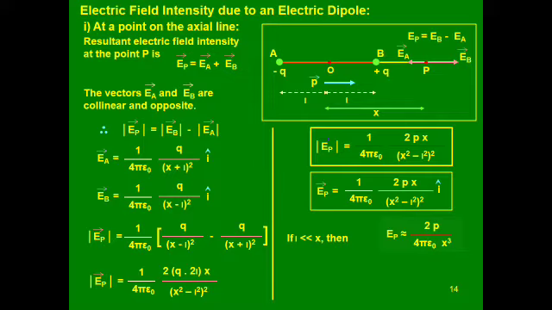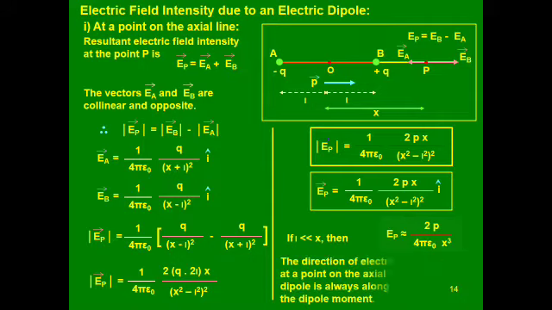It will be 2p by 4 pi epsilon naught x cube. One more important point: EP is inversely proportional to x cube, and does not follow the inverse square law.